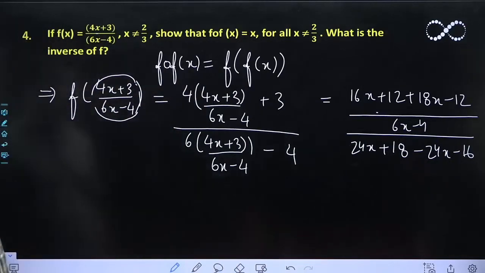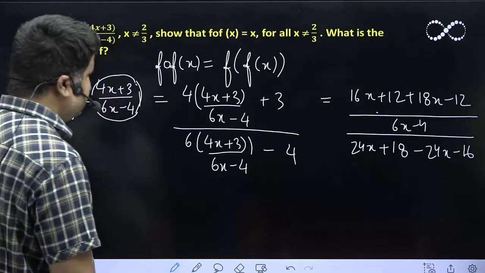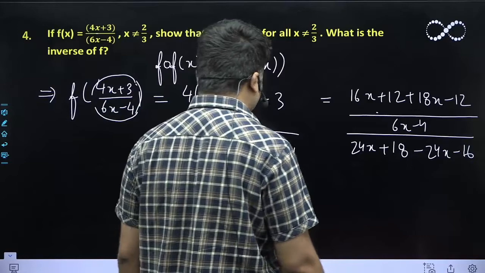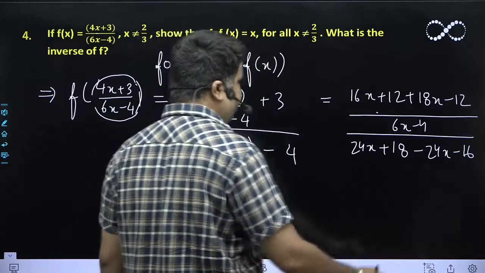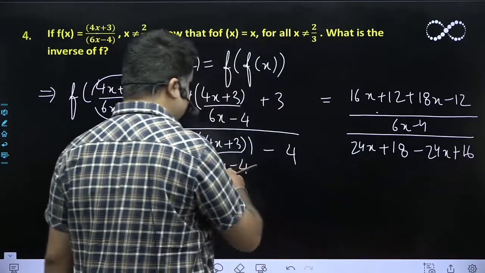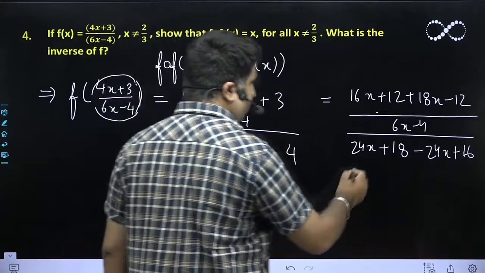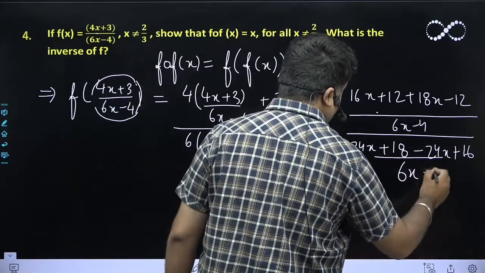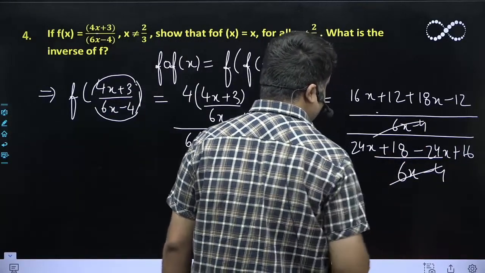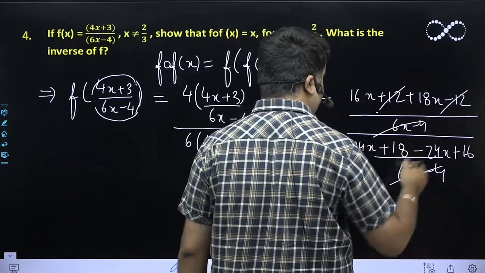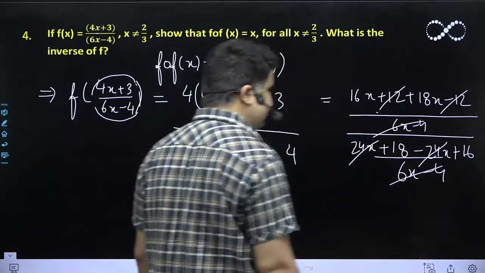Right? So if you solve this, you're getting plus sign here, because this minus minus will get plus here. Upon 6x minus 4, 6x minus 4 cancel, 12, 12 cancel, 24x, 24x cancel.